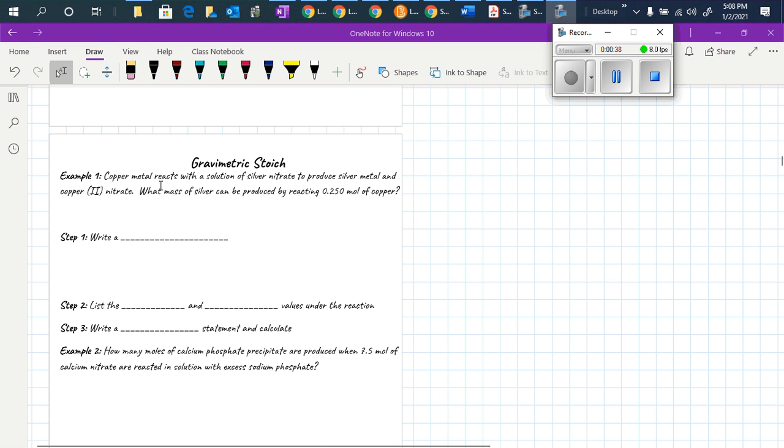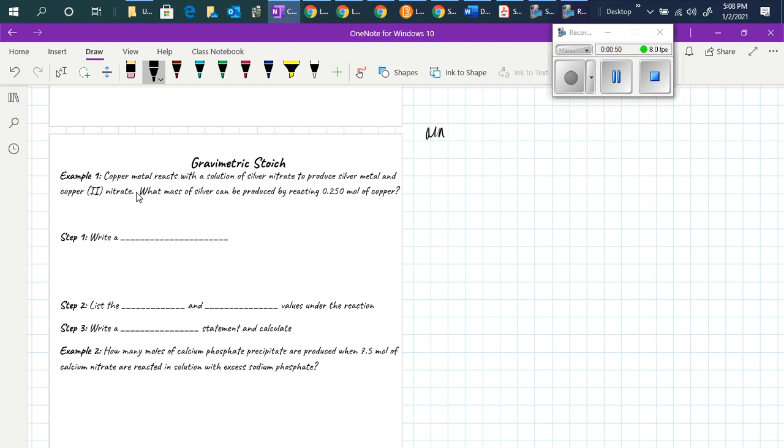So gravimetric Stoich, gravimetric means mass. So what it is doing is calculating the mass. What we have here is the mass in grams of the known.